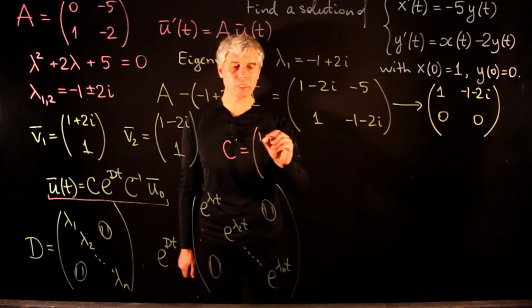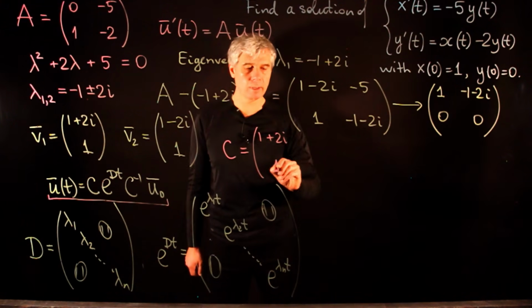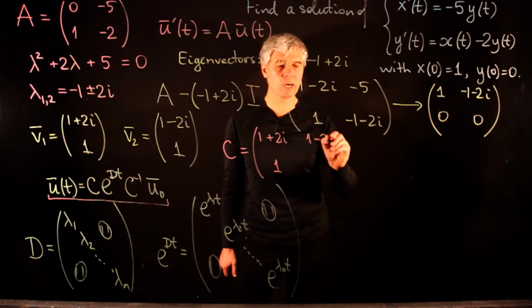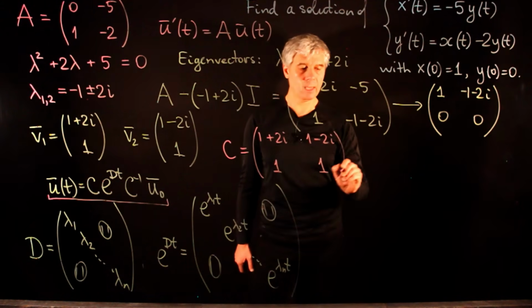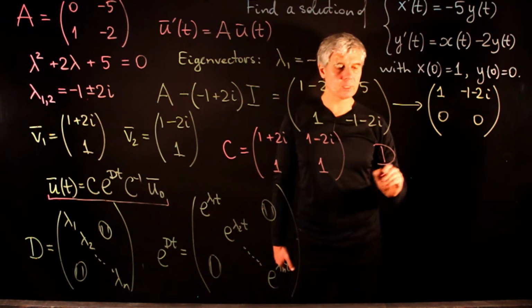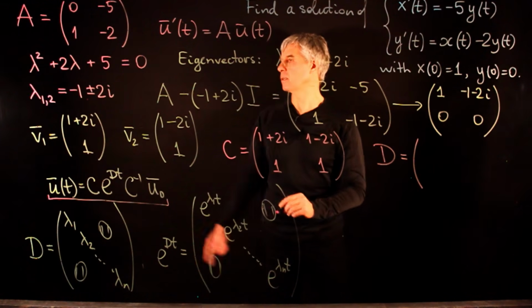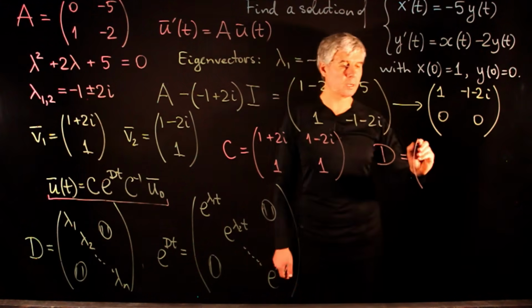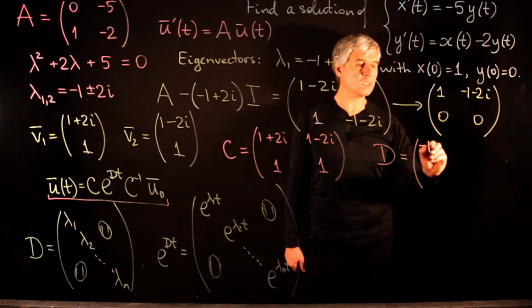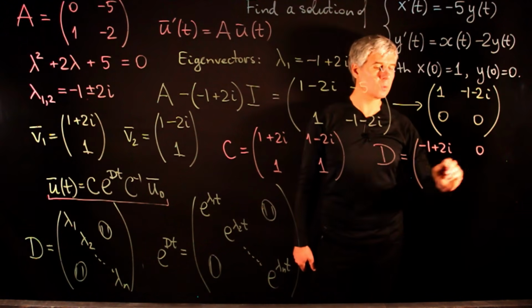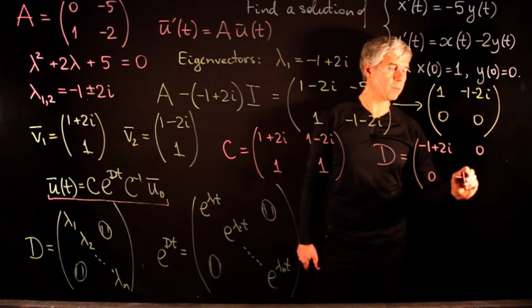So we have 1 plus 2i, 1, and 1 minus 2i, 1. And the diagonal matrix will be the matrix with eigenvalues on the diagonal. And we need to put them in the right order. So we have -1 plus 2i, 0, 0, -1 minus 2i.